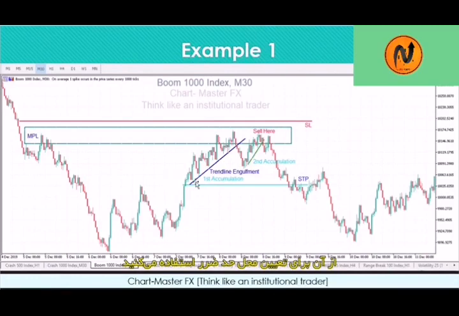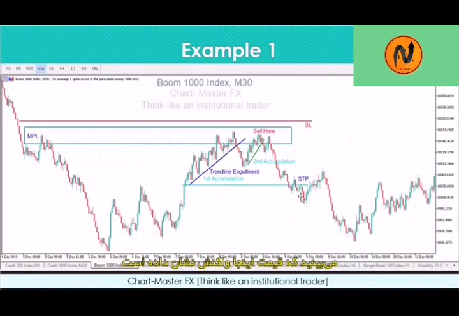So the safest take profit, guys, will be at the beginning of the first accumulation. This first accumulation began here, so this will be the good target profit for you. You can see, guys, that we had a clean demand here, and we're expecting the price to react somewhere.